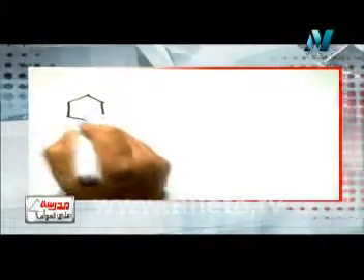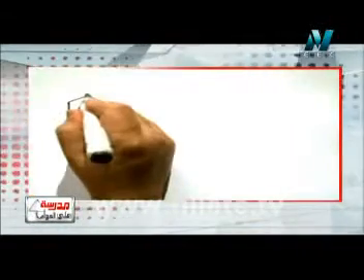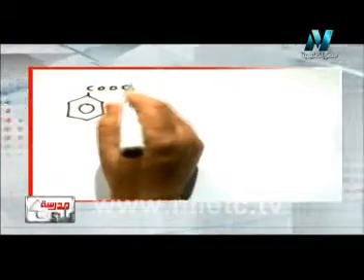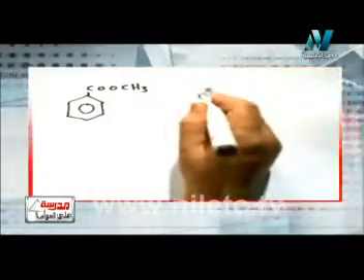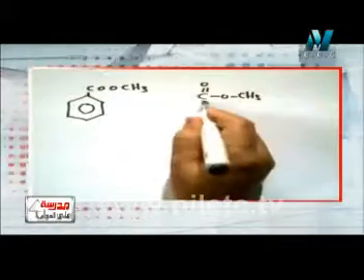Let's draw the structural formulas to show the difference. Methyl benzoate, C6H5COOCH3: here is the bond C double bond O, and OCH3 attached to the benzene ring.